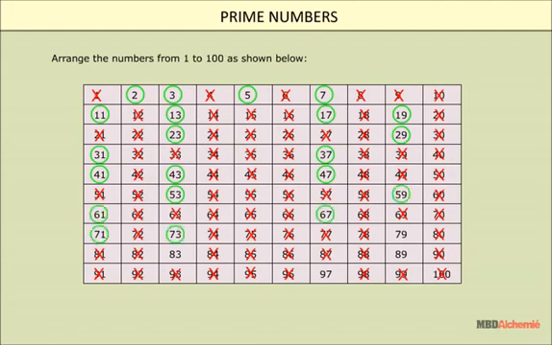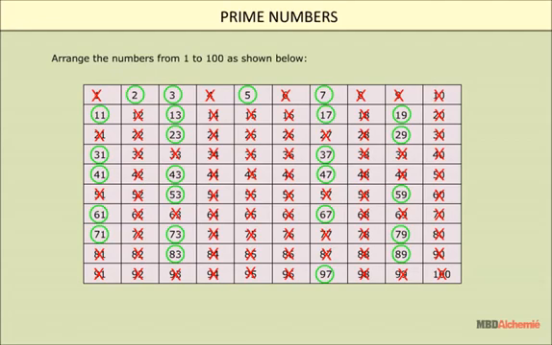In this case, 2, 3, 5, 7, 11, 13, 17, 19, 23, 29, 31, 37, 41, 43, 47, 53, 59, 61, 67, 71, 73, 79, 83, 89 and 97 are prime numbers between 1 and 100.